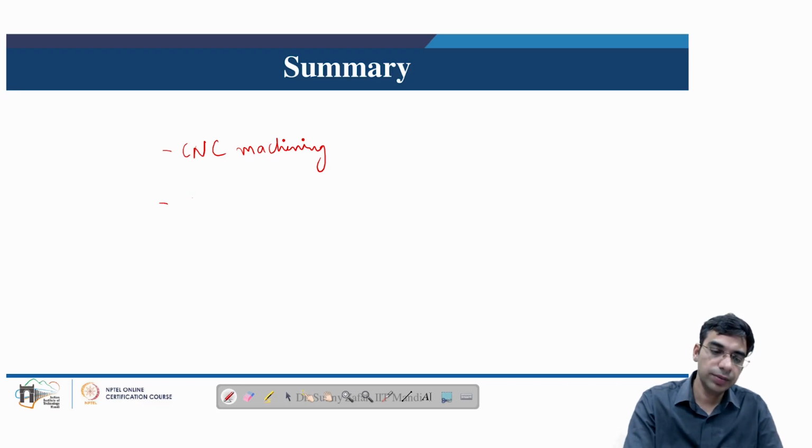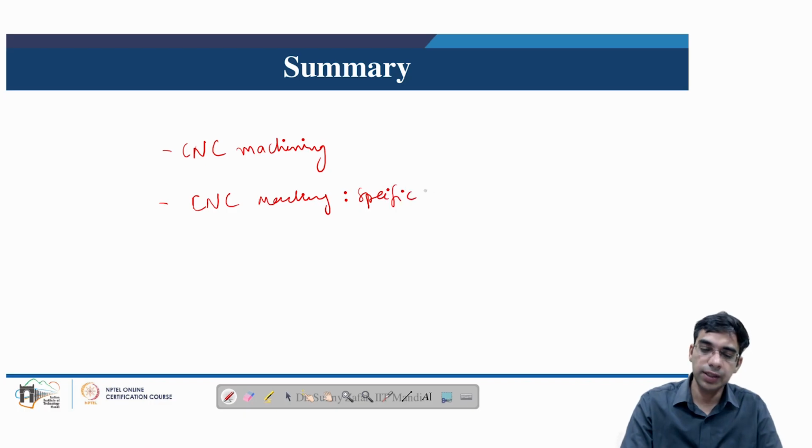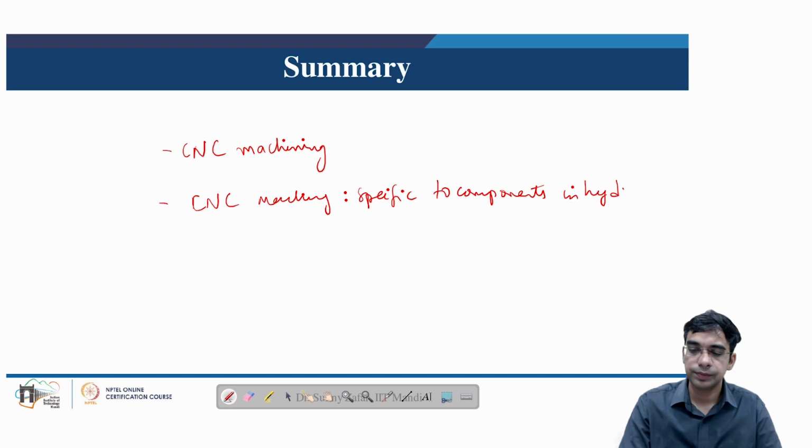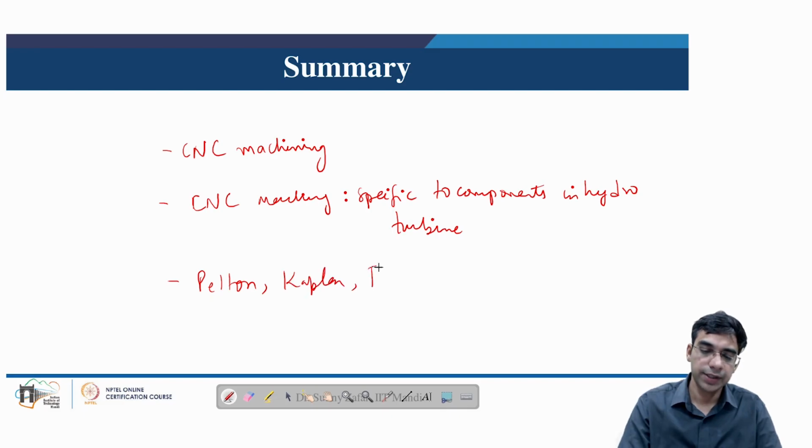Then we have seen how various tools specific to the components in the hydro turbine are utilized. And then we have seen the application of CNC machining for all the turbines, that is Pelton, Kaplan and Francis.